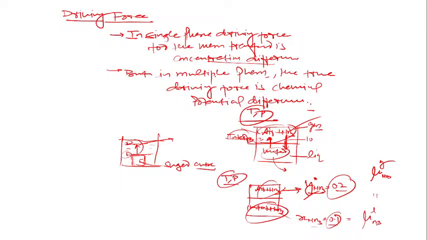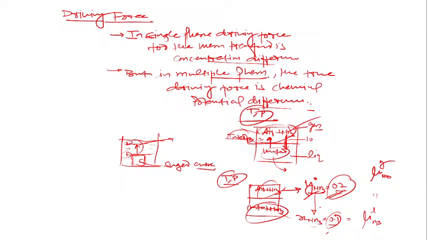So that's why I told you in multiple phases the driving force is the chemical potential difference. Why? Suppose we assumed the concentration difference is the driving force. Then there should be mass transfer, because this is 0.2 and this is 0.1, so there is a concentration difference. But at this concentration of ammonia in the gas and this concentration in the liquid phase, there is no mass transfer.